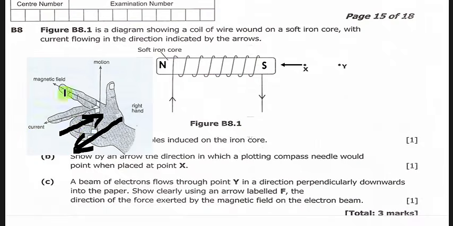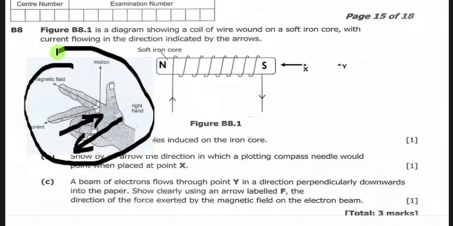Then this finger points into the direction of magnetic field. If you shift the whole of this part here, you bring it here the way it is, because this one will mean a beam of electrons is going like that. It's tricky, guys, that's why I'm taking long. So this one is going like that, which is the beam of electrons entering into the page, but this finger is pointing in the direction of current.